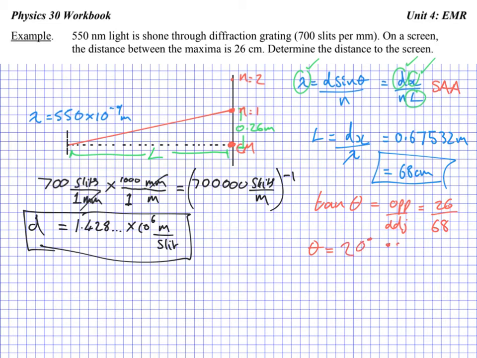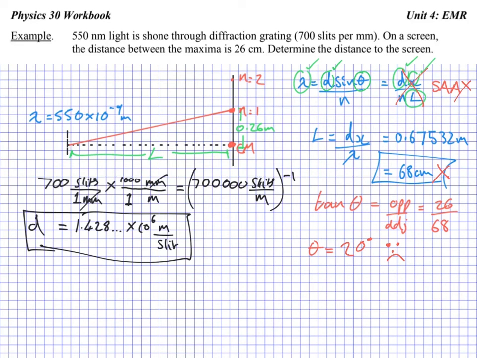Uh-oh, sad face, because that means I can't use my small angle approximation, which means this formula, which was derived from small angle approximation, is not valid. So I've fallen for the trick. If I put this as my answer, I would be getting it wrong. What I need to do is find the angle, because I know D. I can find the angle, and then I can find L using trigonometry.